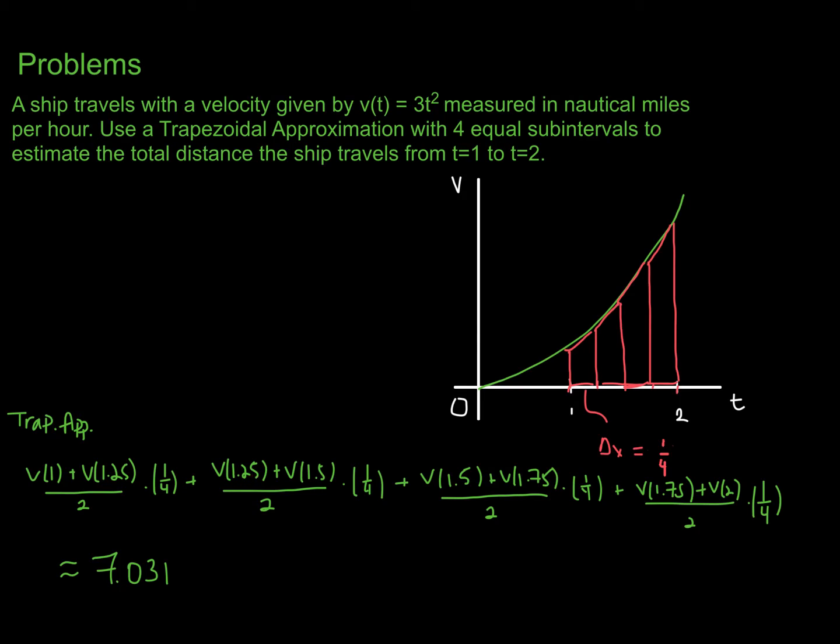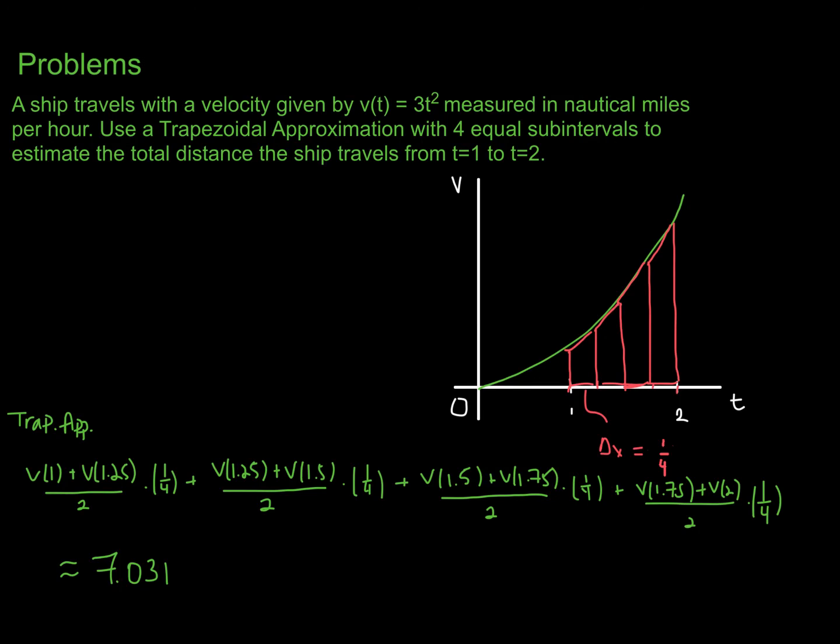That'll be 2 v of 1.25. So if you think about it, it'll be 2 times 3, which is 6, and then 1.25 squared. And that'll make your life a heck of a lot easier when you're computing this value. But if you don't want to, you can just do each of these and add them together, and you get 7.031.